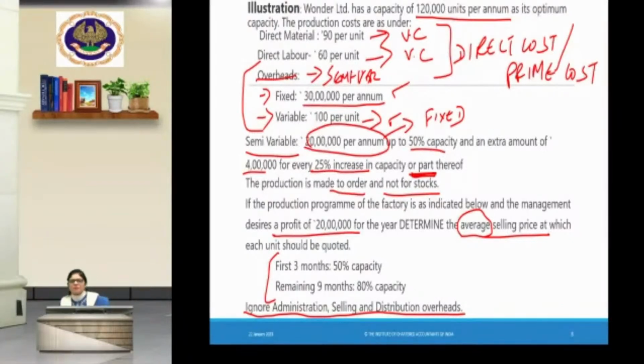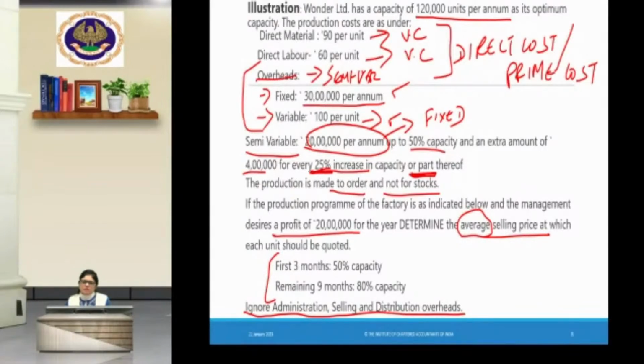After 50%, it will be the variable portion in this semi-variable. So the variable portion is beyond 50%: for every 25% increase, you will have an increase of 4 lakh. So it's a semi-variable overhead. Till 50% capacity, this overhead will be fixed at 20 lakh per annum, and after 50%, it becomes variable.